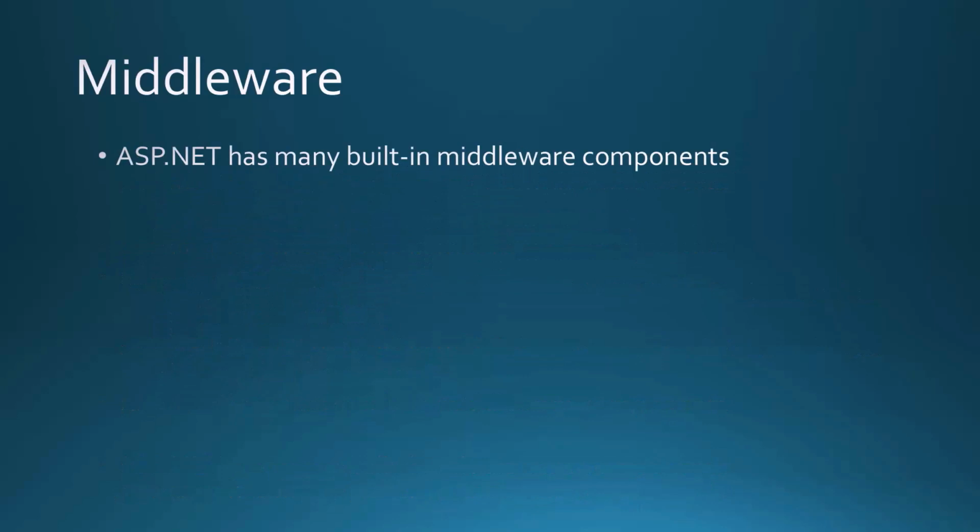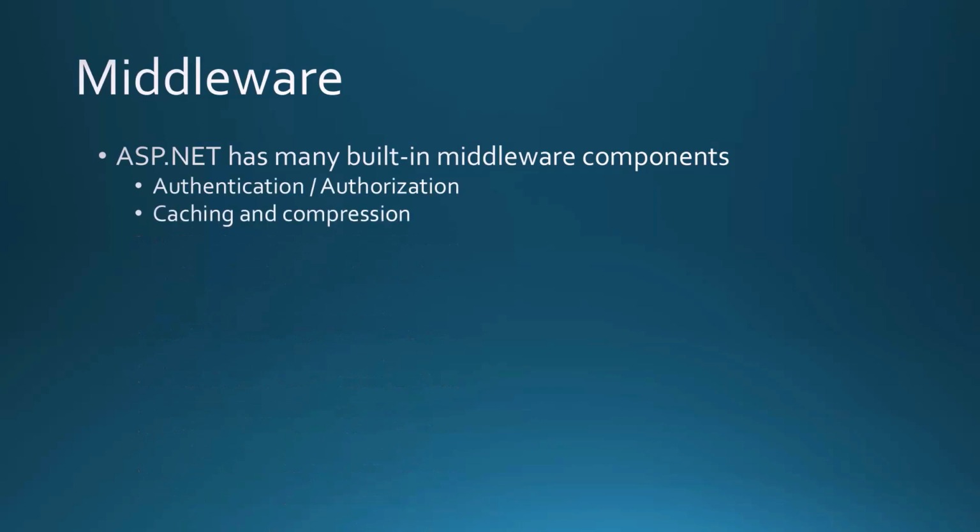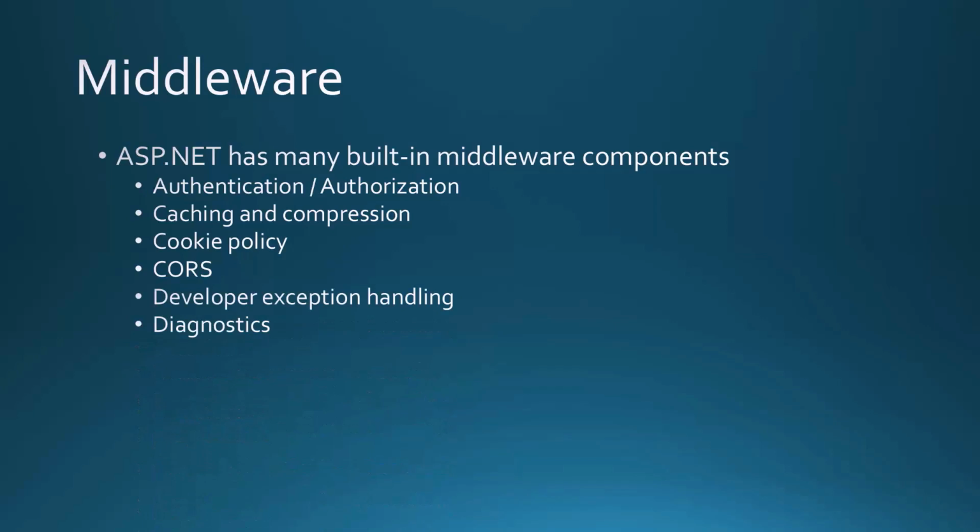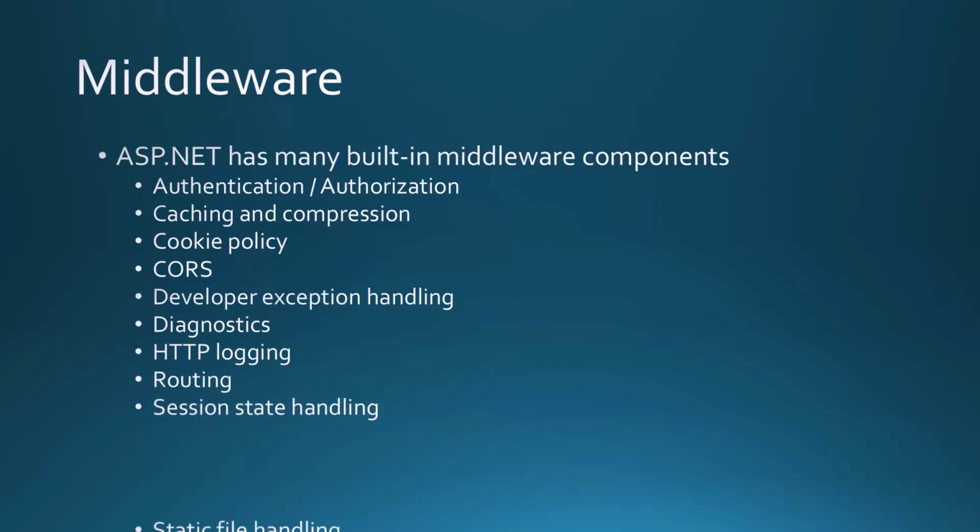ASP.NET has a lot of built-in components. We don't have to build everything. They have middleware for authentication and authorization. They have it for caching and compression, cookies, CORS, developer exception handling and production exception handling, diagnostics, HTTP logging, routing, session state handling, and static file handling.